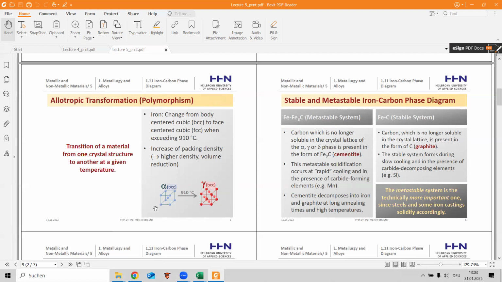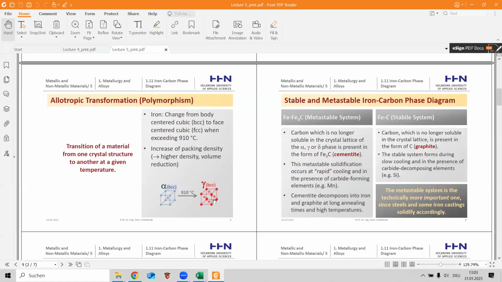So from alpha, body centered cubic, to gamma, face centered cubic, at a temperature of at least 910 degrees Celsius.